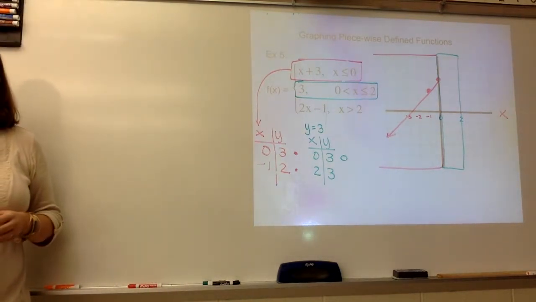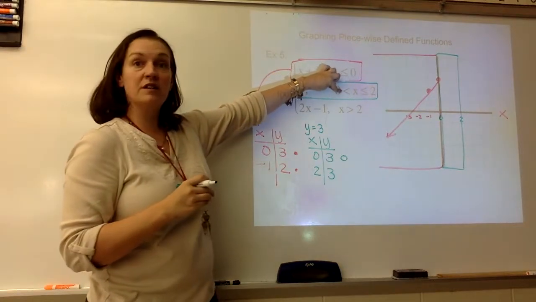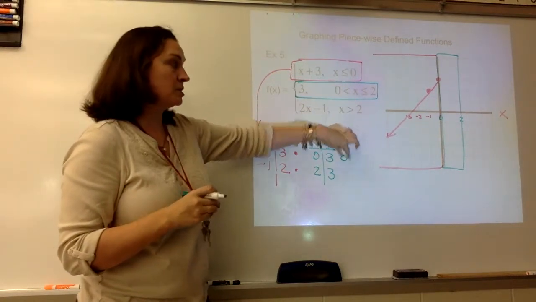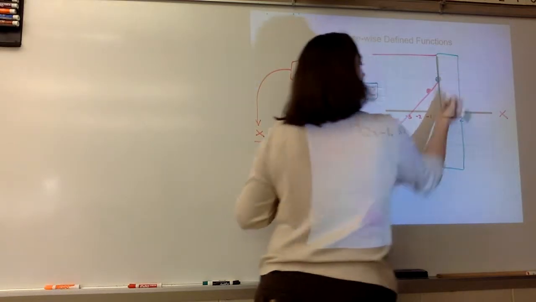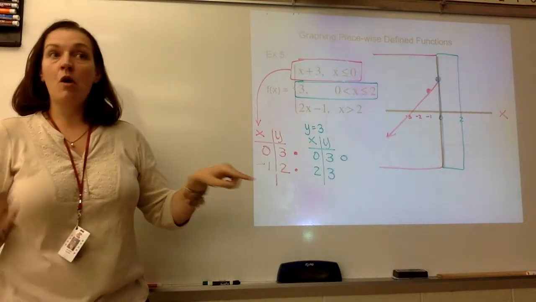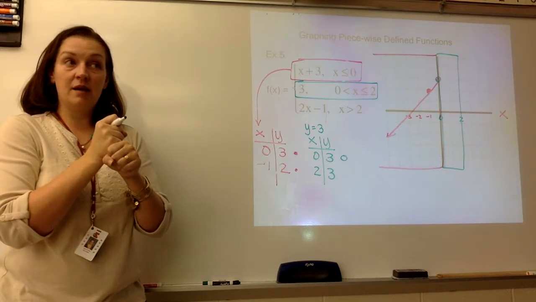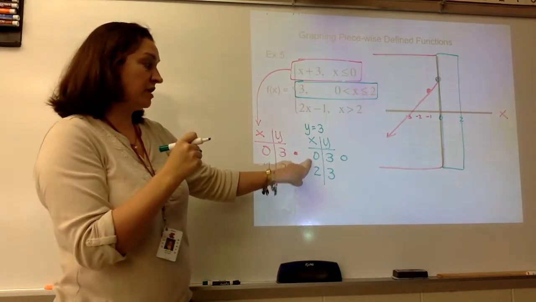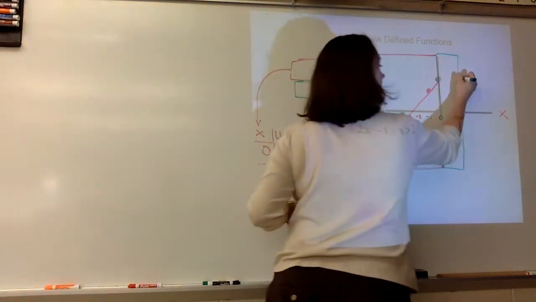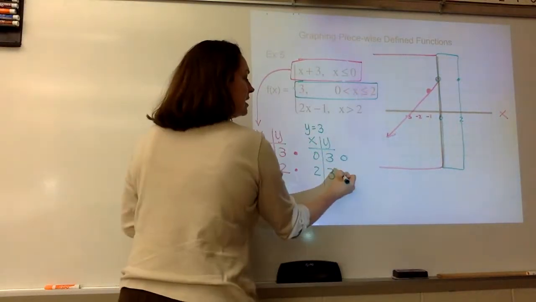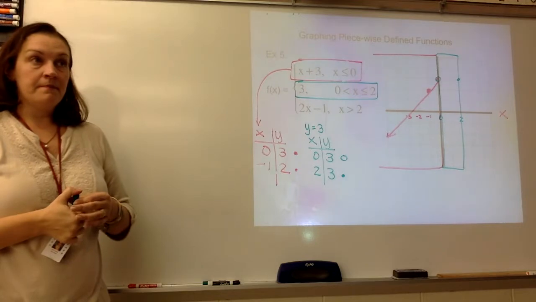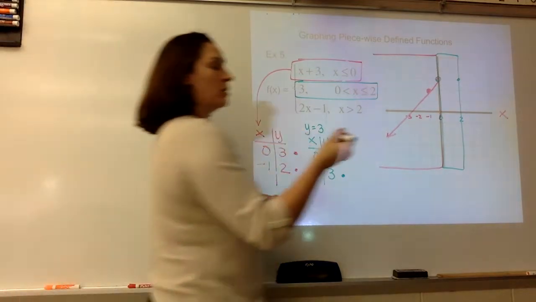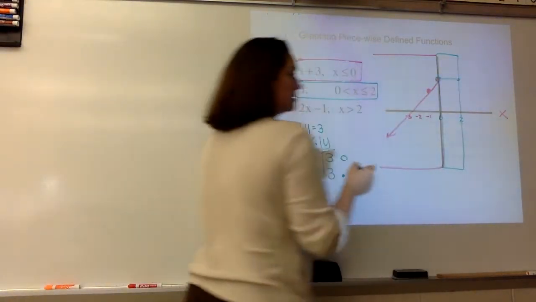Since x has to be greater than 0, it's a boundary point, makes it an open circle. So at 0, 3, 1, 2, 3, I'm drawing this open circle to represent the green. We're going to talk about that overlap in a second. But technically, this is open for the green section, and then 2, 3 is going to be closed because I'm allowed to equal 2. Then it's a horizontal line, so I can connect the pieces.